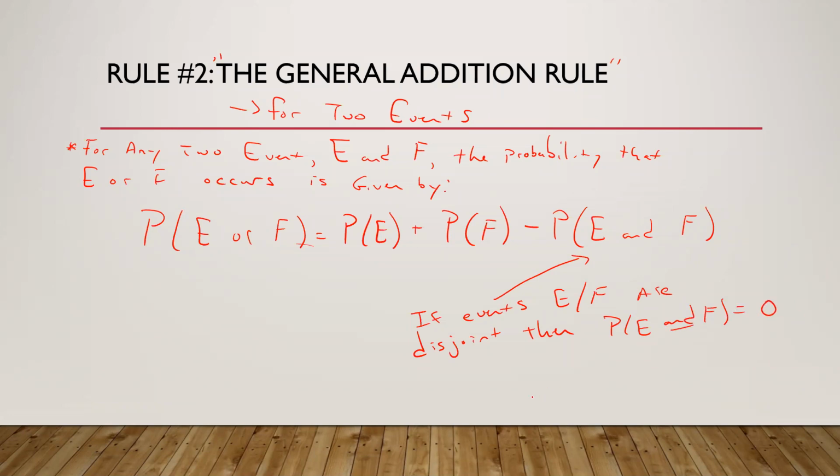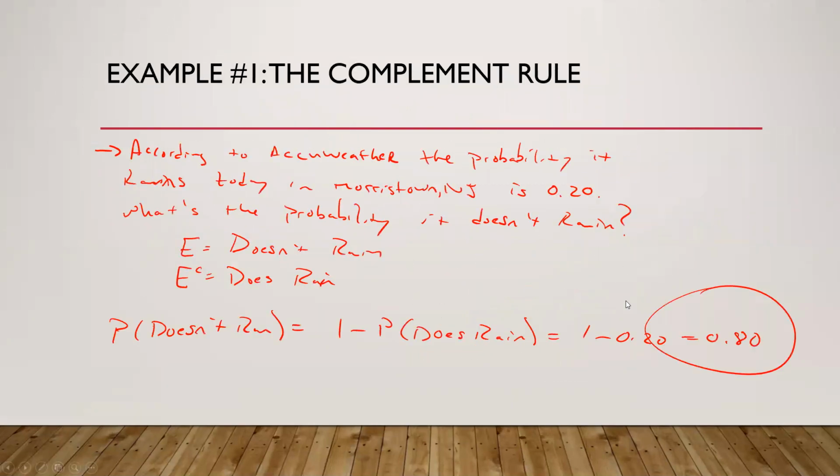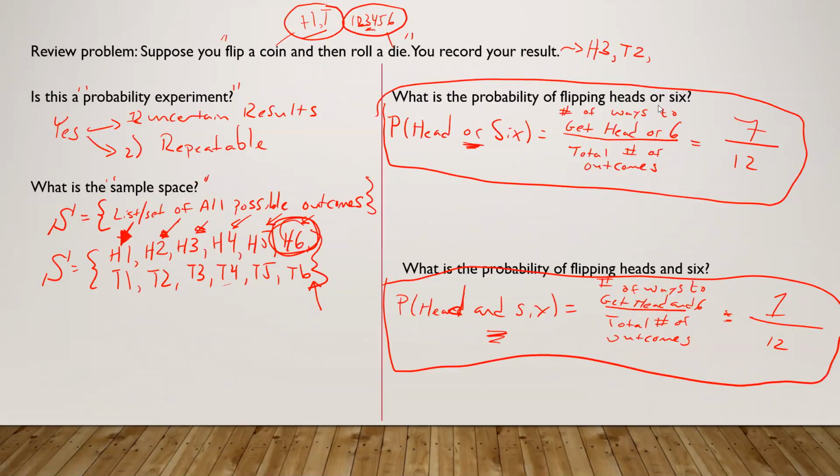Let me prove that this formula works, and then I'll do an example about events being disjoint versus not disjoint so you can see the subtle difference. Using this formula, I want to get this same answer here, this 7/12.